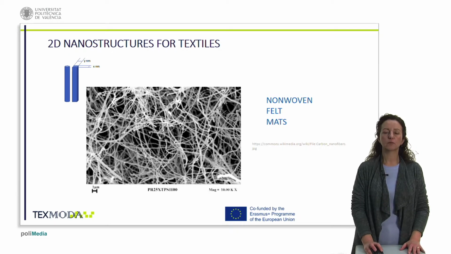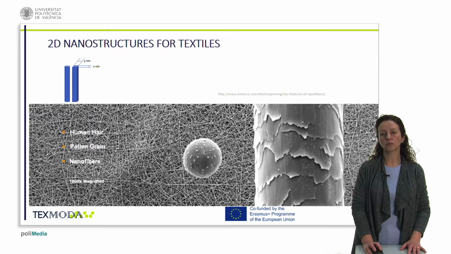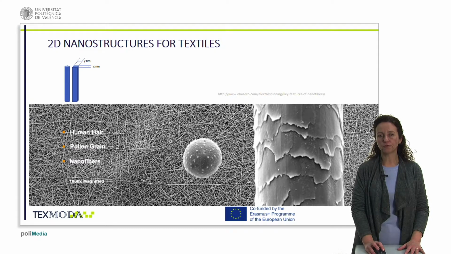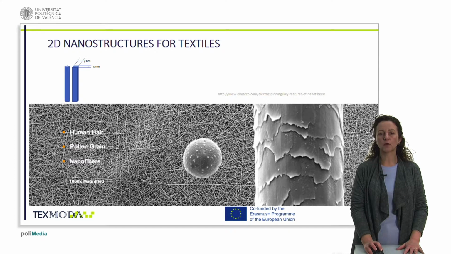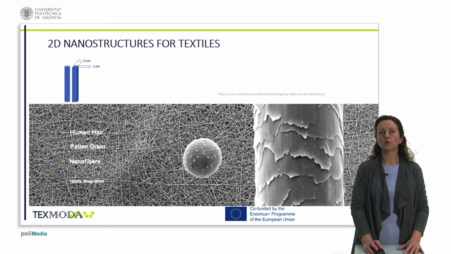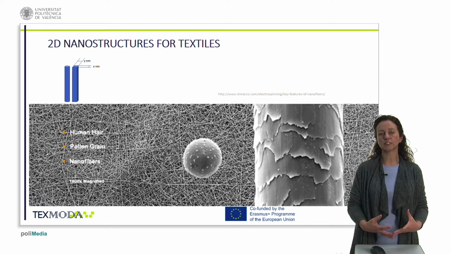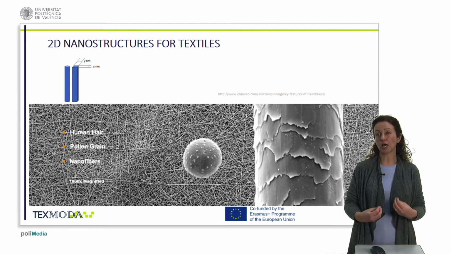Here we can observe one of the properties that we are going to study concisely. In this picture we can compare a felt of nanofibers with, for example, a pollen grain or a human hair. You can compare the sizes we are talking about, and then it is obvious that when we use that kind of structure for textiles, it is not going to be very hard or resistant.